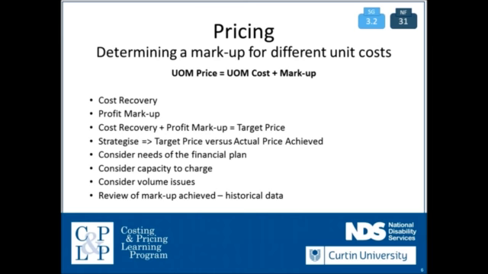The first one is so that we understand what our true cost of service delivery and our true price should be, and also so that we understand the gap between what our target price is and what we're actually being paid. Remember, the costing and pricing process is an internal process, not an external process.